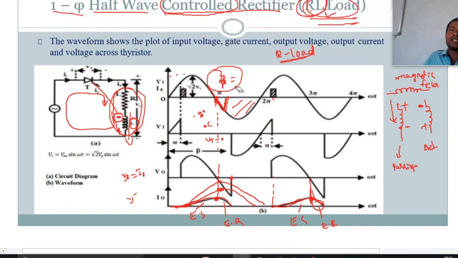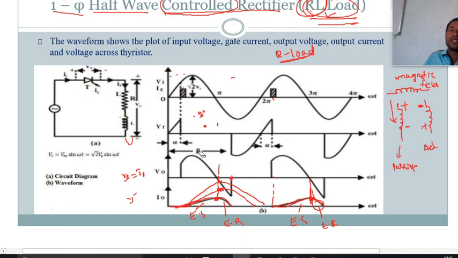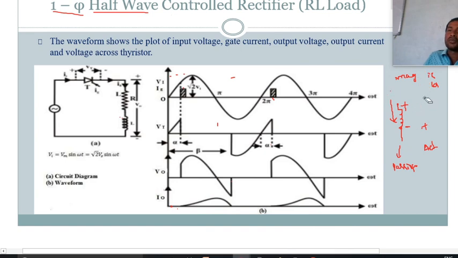There are different types of disadvantages, because of which we cannot use the RL load practically. Look at this: this is positive and this is negative.